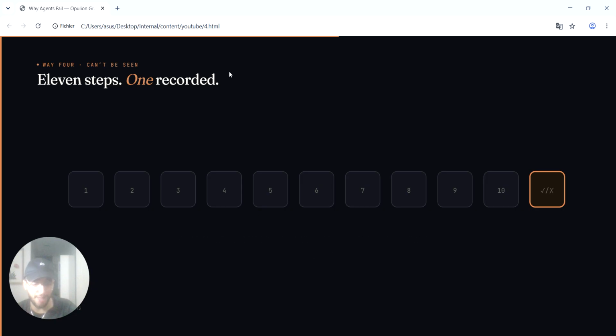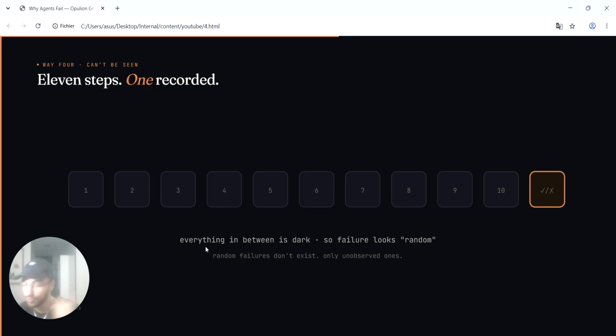So when it failed, it would just look random, and this is a phrase I keep hearing again and again. I'm tired of it, even from good teams. I'm not saying they're bad people, they're actually good, very reliable teams. But many of these teams keep saying, it just failed randomly, we cannot reproduce this issue.